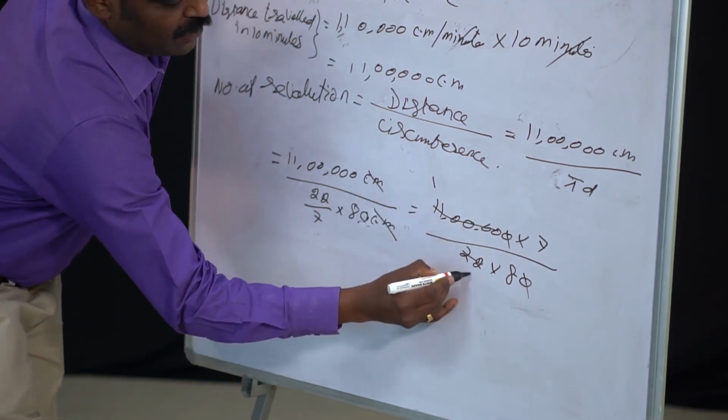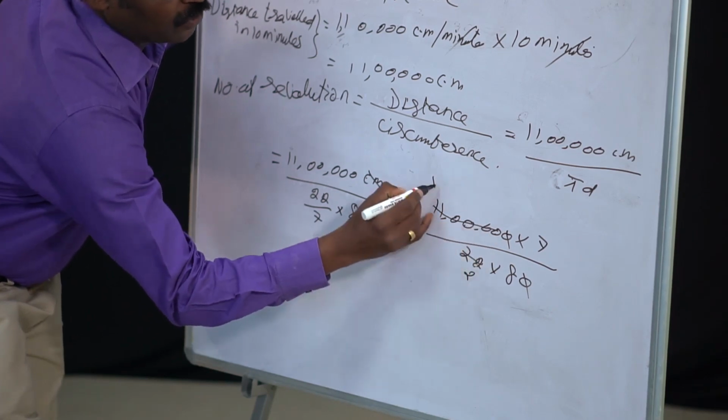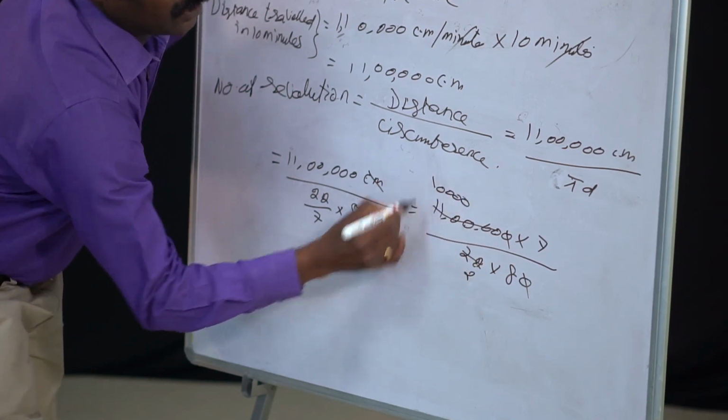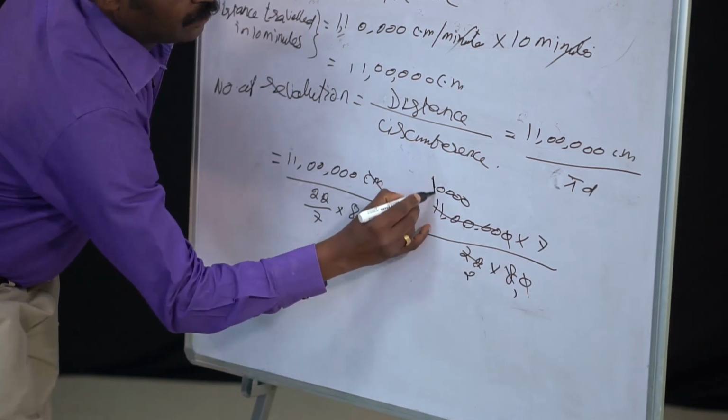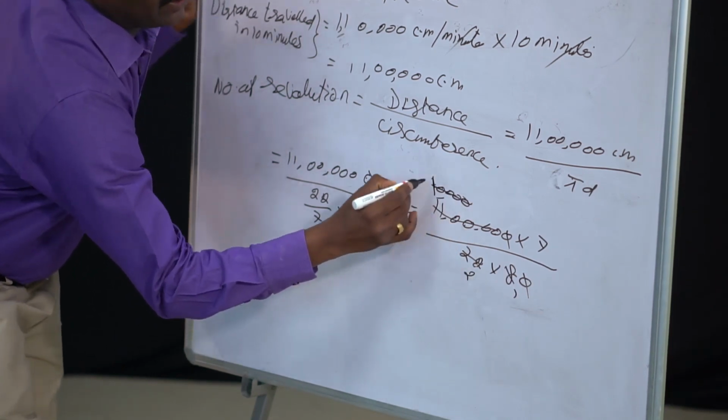11 one time, 11 one more time, 2 times, 1, 2, 3, 4, 0, 1, 2, 3, 4, 0, 8 1 times, 8 common times divide.